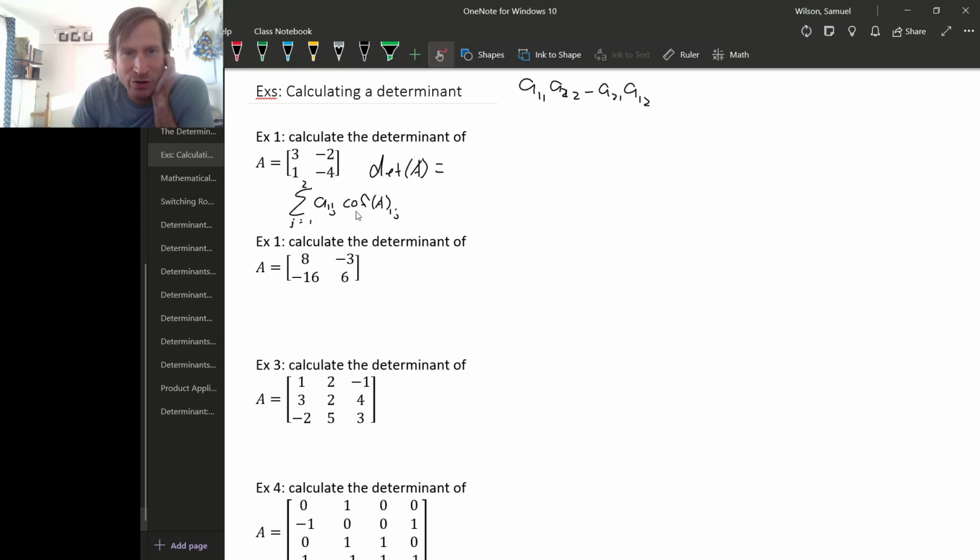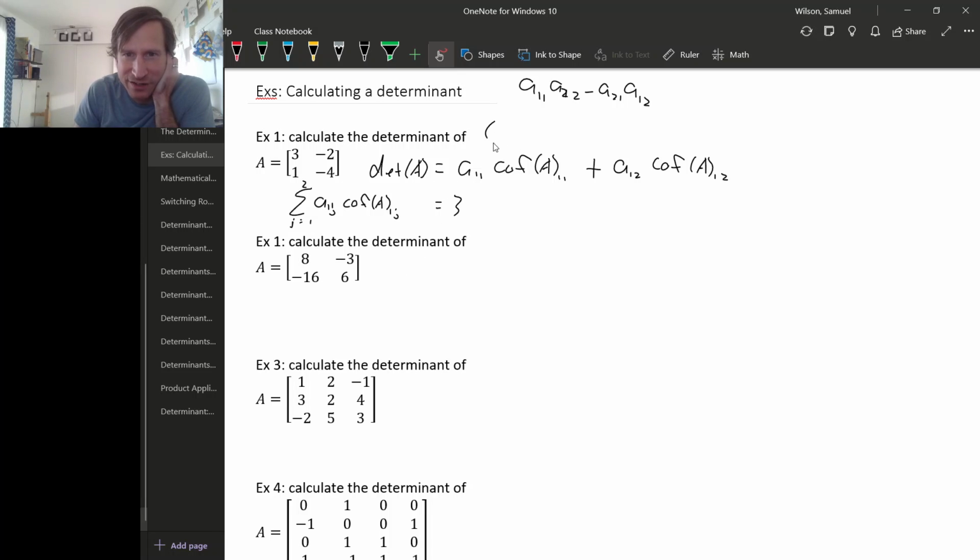Okay, so when j is 1, we get a11 times the cofactor of A in position 1,1, plus a12 times the cofactor of A in position 1,2. Okay, so a11, that's 3.